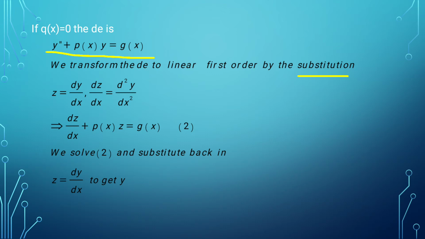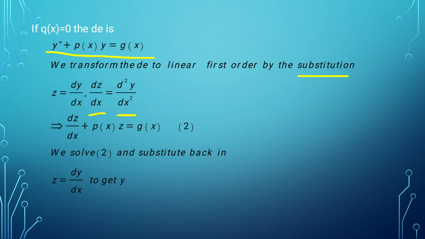Now that means if we differentiate z with respect to x, we get the second derivative of y with respect to x.